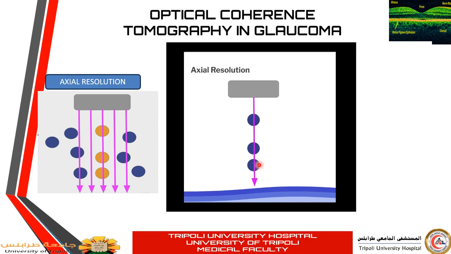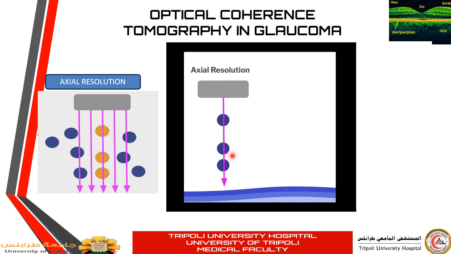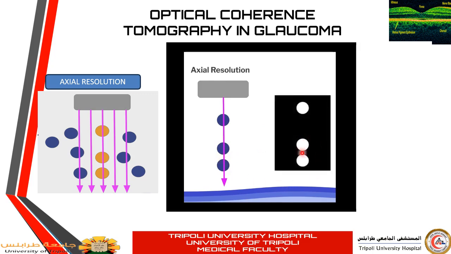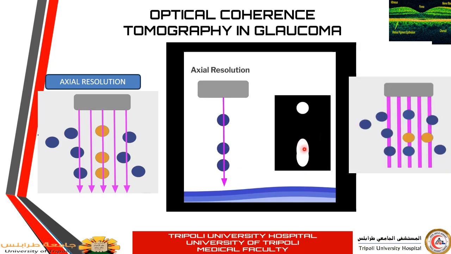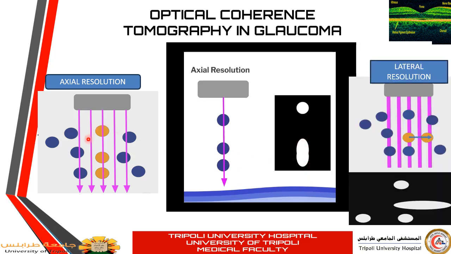If the system is able to detect the difference between these reflectors, this means that these two points are resolved, so we can see them like this picture. This is the axial resolution. However, if the system cannot detect this distance between these two reflectors, the image will appear like this.